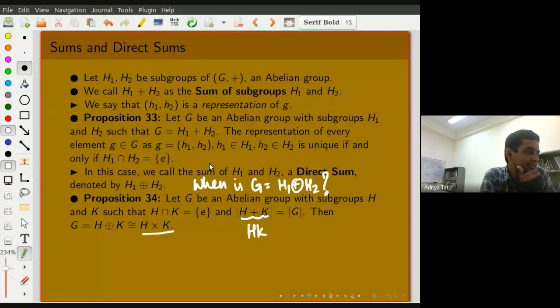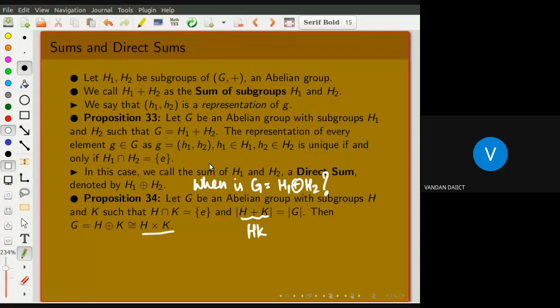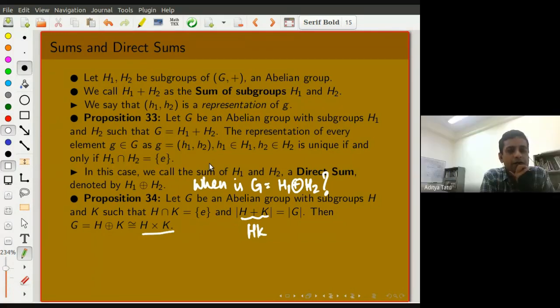So how do we show that G is H direct sum K? Who wants to try this? Sir, we already proved that the direct sum of H and K is a subgroup of G. Right, but we now want to show that H direct sum K is the entire group G. Yes, sir.